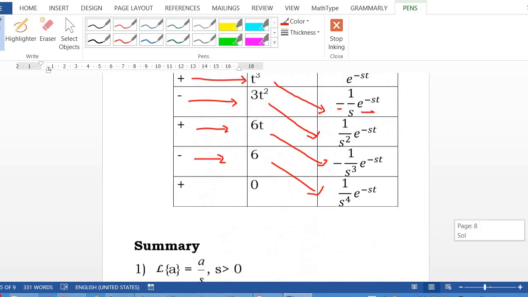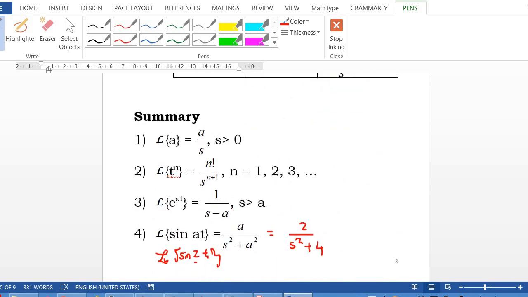So you notice that the Laplace transform for t power n is n factorial over s to the power n plus 1.